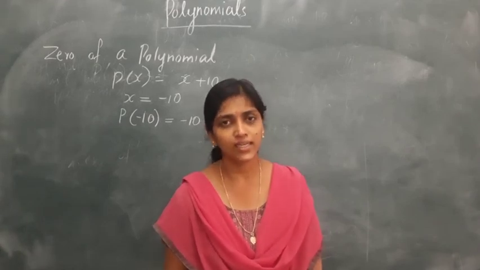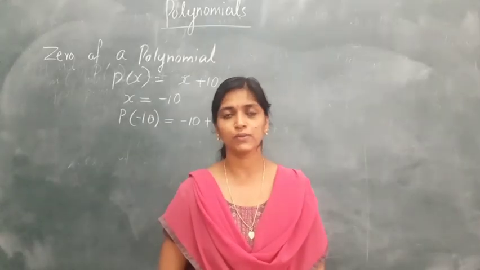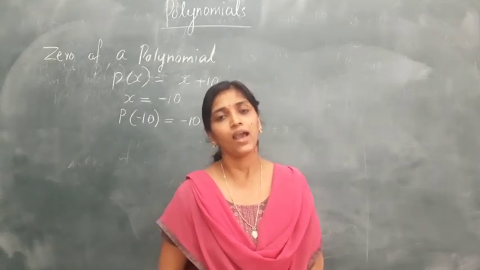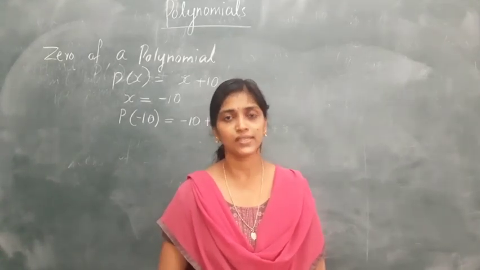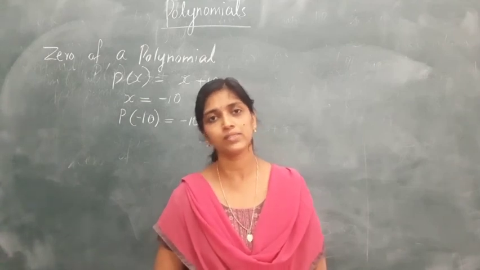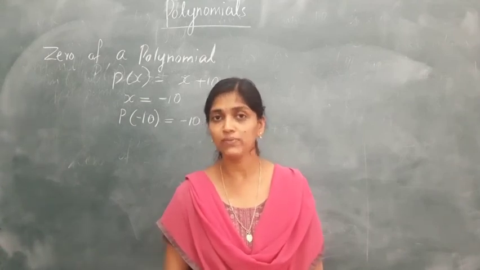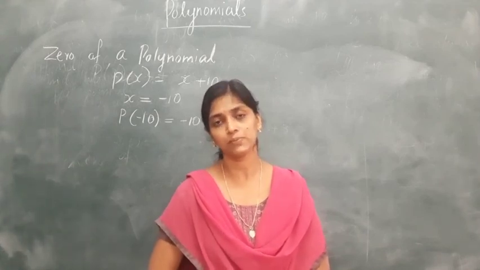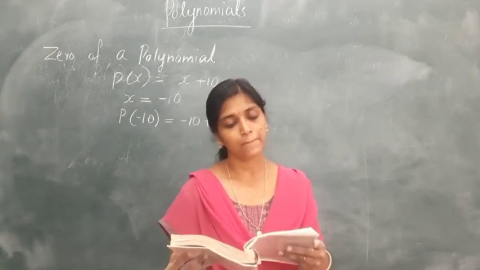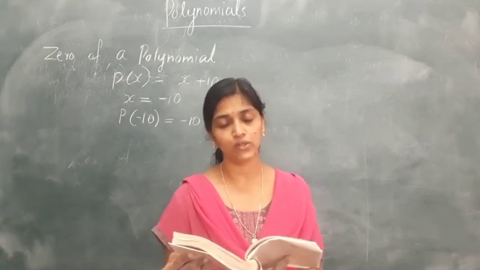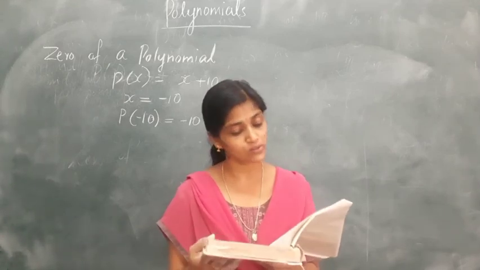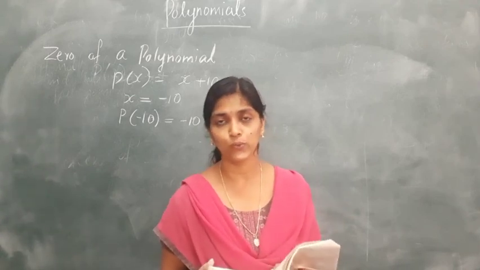We will study more about the zero of the polynomial in this and the next section, and the homework or worksheet problems I am going to give from the textbook. You can take your textbook, open page number 34 for worksheet questions or homework. You can do question number 1 and 2.